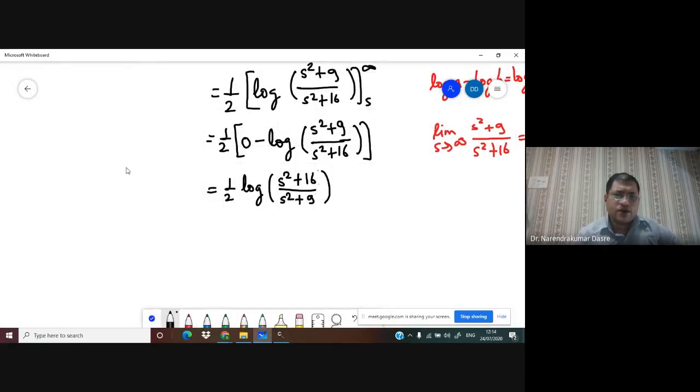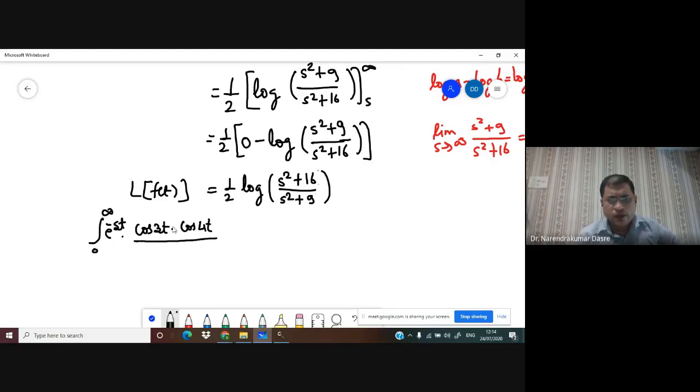But actually, what we calculated, this was Laplace transform of f of t, and hence, what this side is actually integral 0 to infinity e raised to minus st cos of 3t minus cos of 4t by t dt, and this we obtained as half of log of s square plus 16 upon s square plus 9.